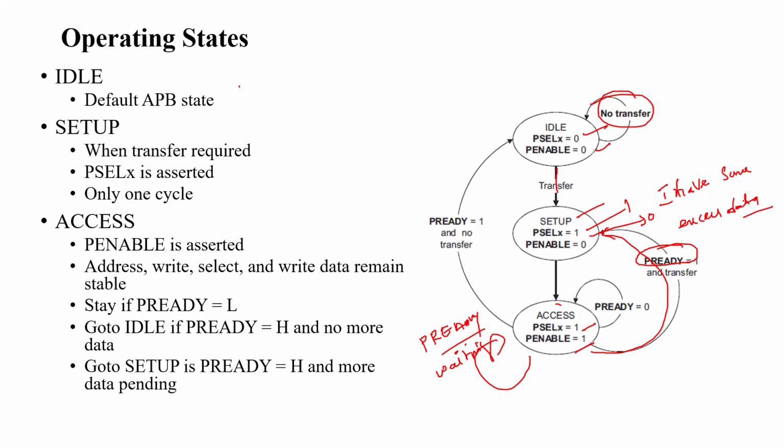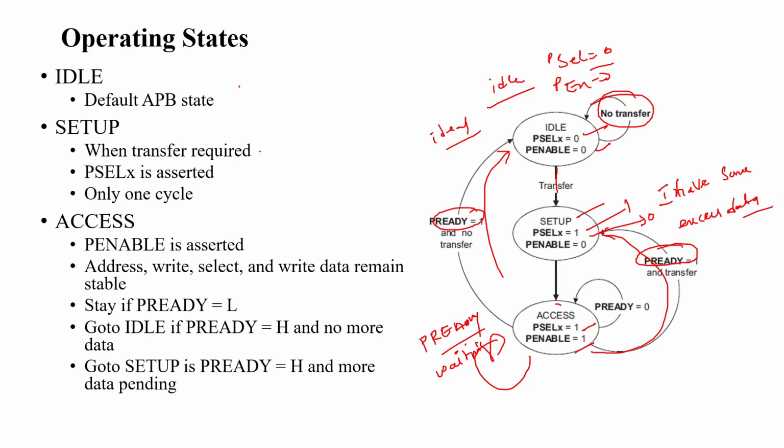Then after completion of all the data, if your ready signal is 1 and there are no more data transfer signals, then it moves to the idle state. Idle state means it is not doing anything, so the PSELECT and PENABLE signals should be 0.